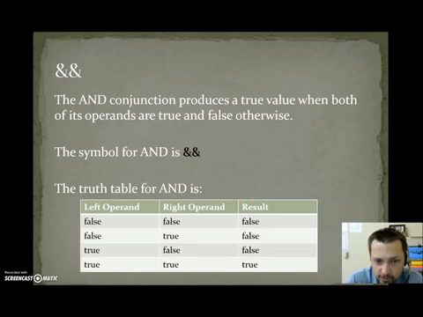The truth table for AND is if the left is false and the right is false, we get false. If the left is false and the right is true, we get false. If the left is true and the right is false, we get false. The only time we get true with an AND is if the left is true and the right operand is true, then the result is true.